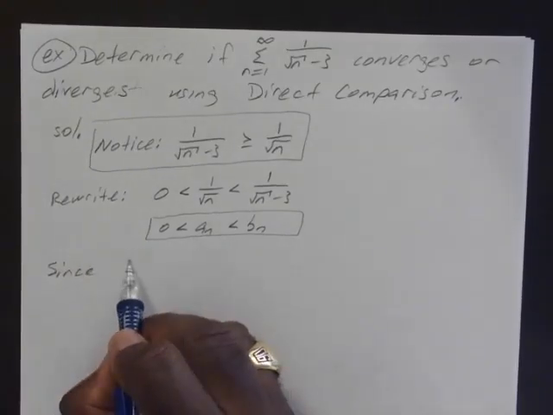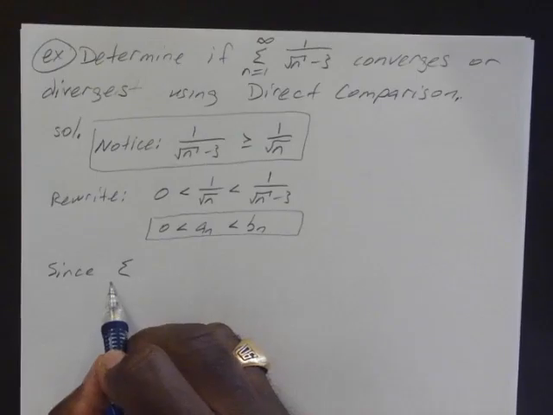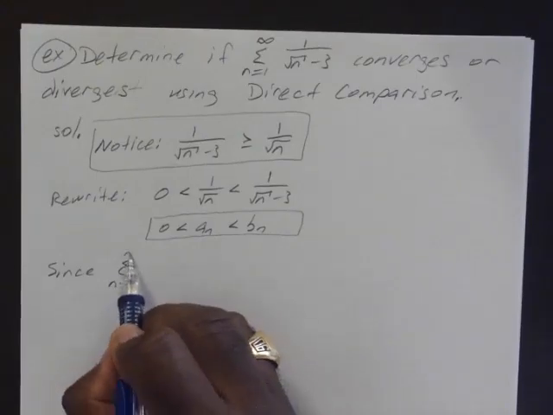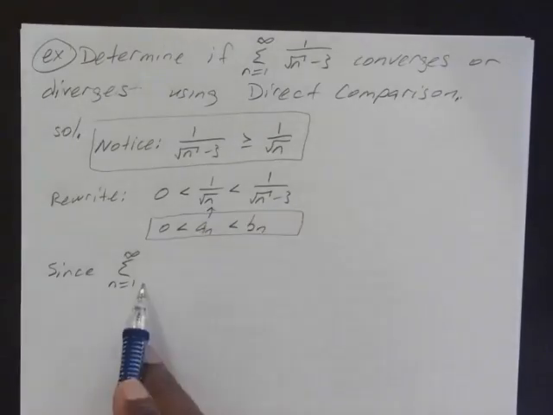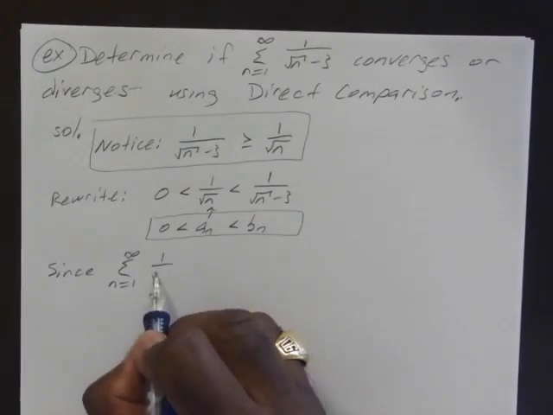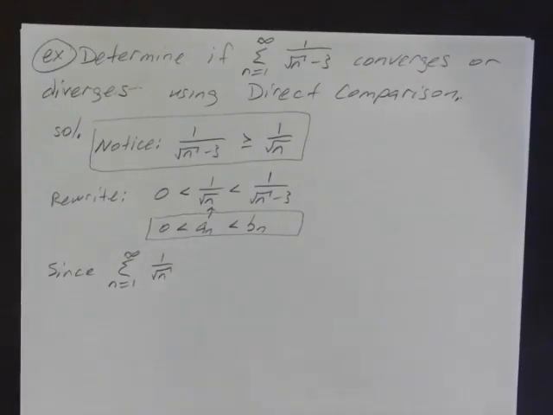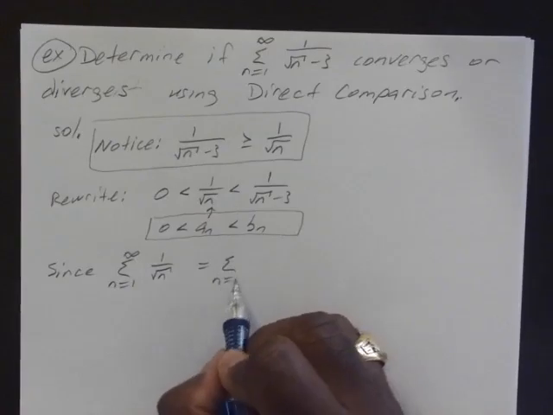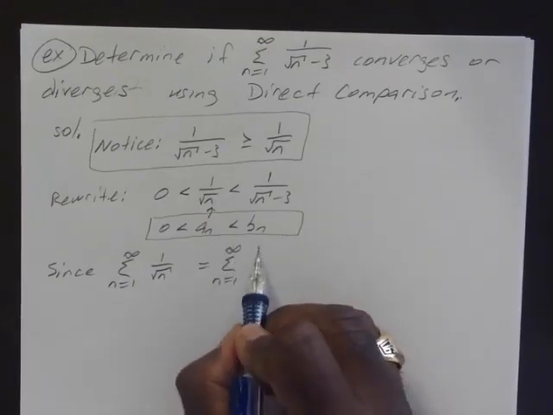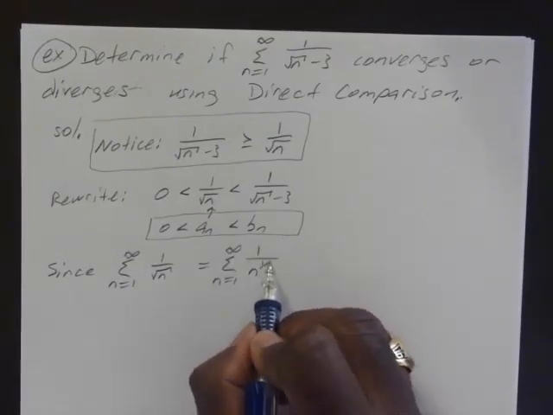So we know that if we take the series from n equals 1 to infinity of our a sub n, I'll write it the original way first, that's equal to the sum from n equals 1 to infinity of 1 over n to the 1/2 power.